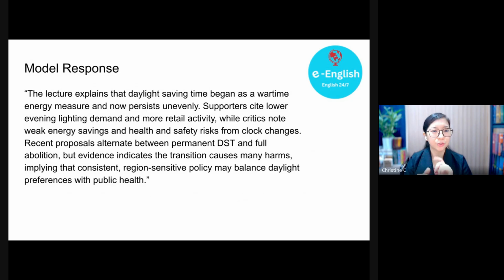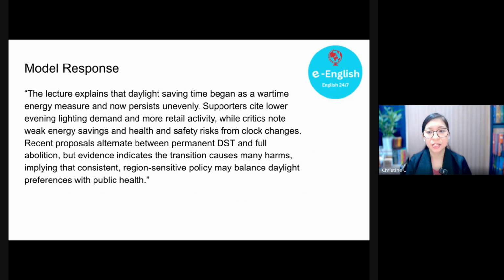So if we're going to say it in other words, we can say that the lecture explains that daylight savings time began as an energy measure in wartime and now has different rules. The speaker notes that supporters say it lowers evening lighting demand and boosts retail activity, while critics argue that it provides only weak energy savings and can cause health and safety risks.